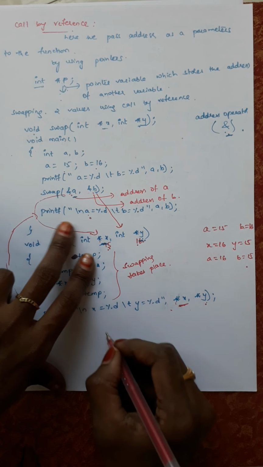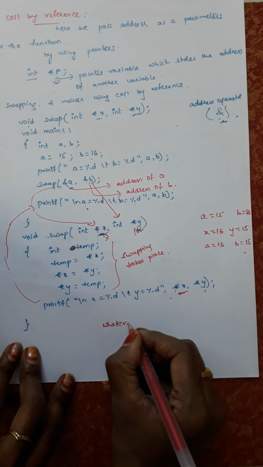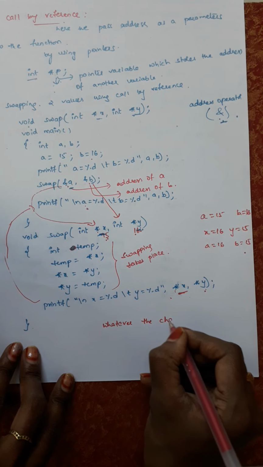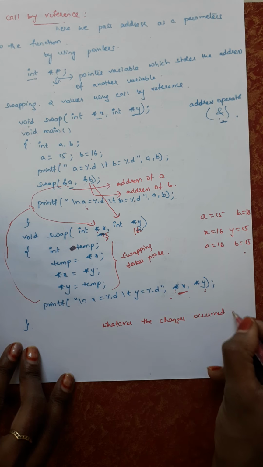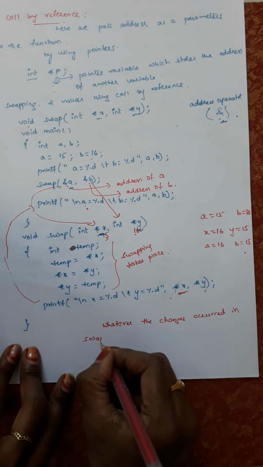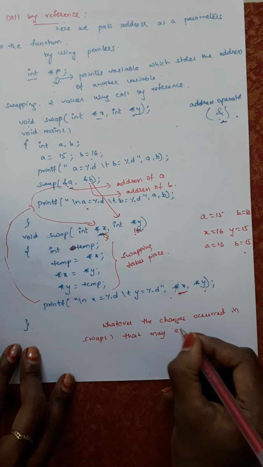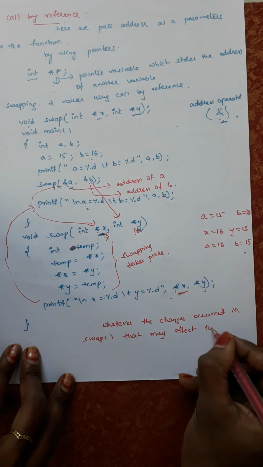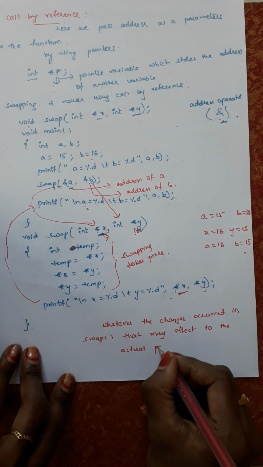So what happens here? Whatever changes or manipulations occurred in the swap function may affect the original values, the actual parameters. Original values means what here?